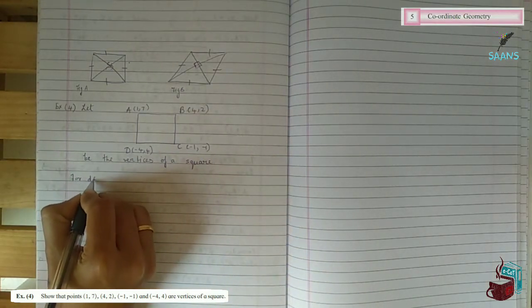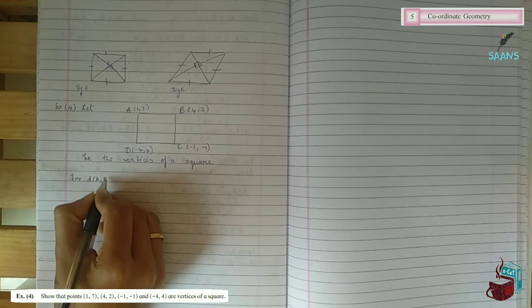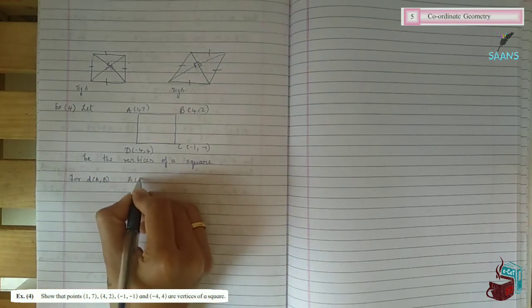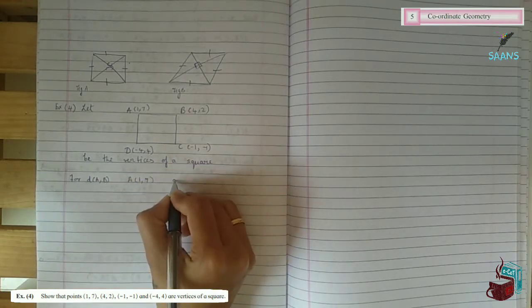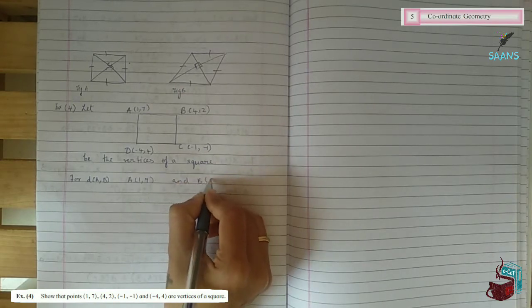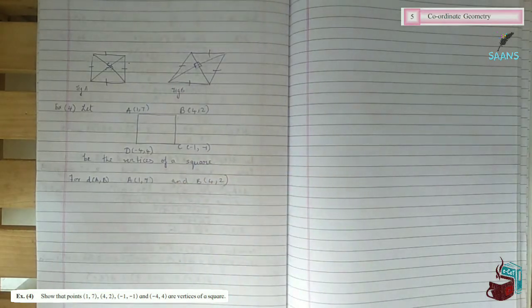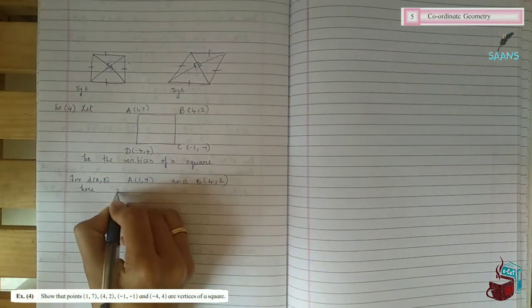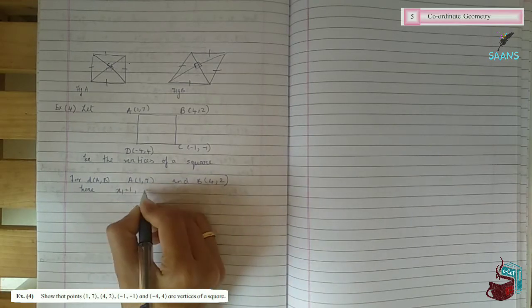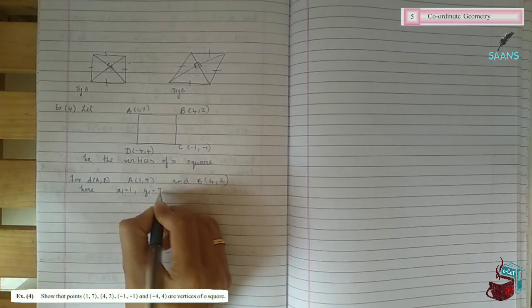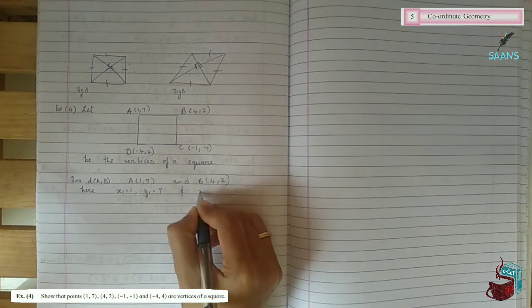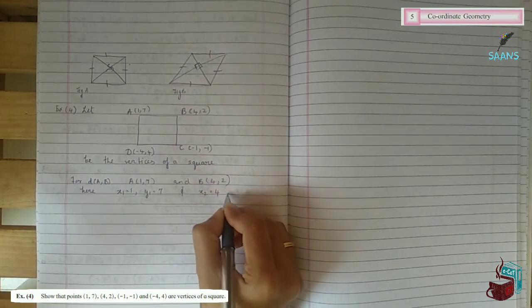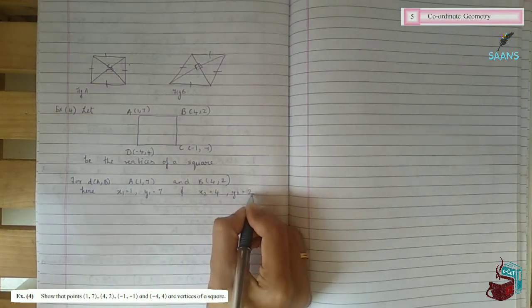For distance AB, A is (1, 7) and B is (4, 2). Just cross check. Here x1 is equal to 1, y1 is equal to 7 and x2 is equal to 4, y2 is equal to 2.